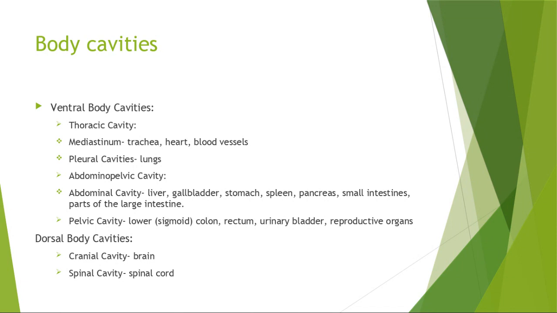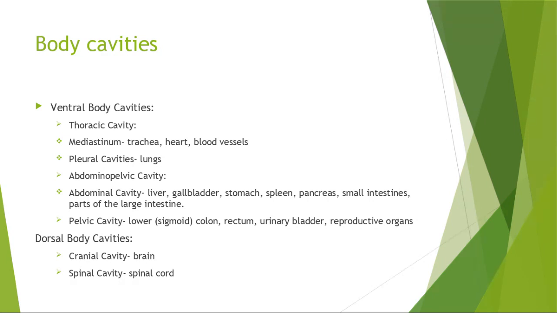The abdominal cavity is the liver, the gallbladder, the stomach, the spleen, the pancreas, the small intestines, and parts of the large intestines, because the lower sigmoid part of the colon is in the pelvic cavity. And the lower sigmoid is what connects to the anus and the rectum. So that, the urinary bladder, and reproductive organs are considered part of the pelvic cavity.